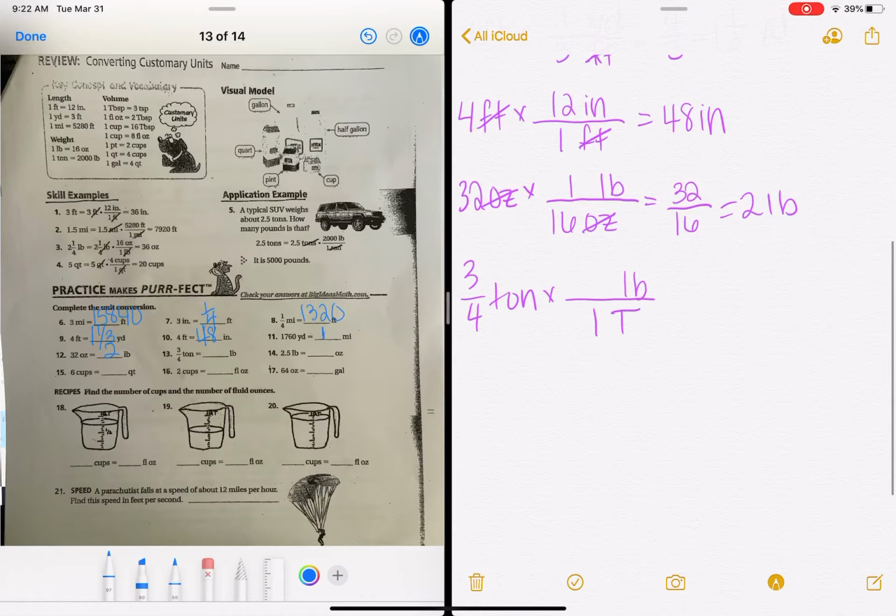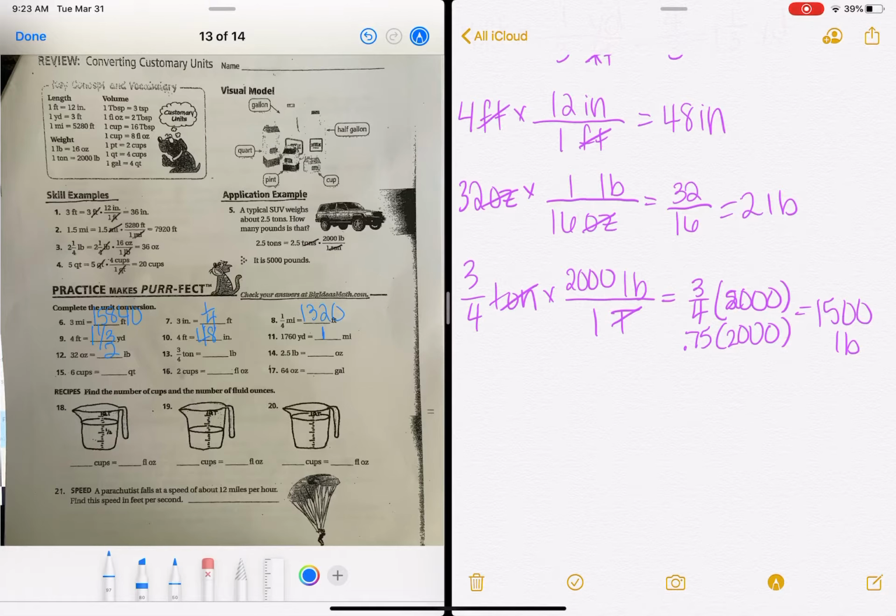So we know 1 ton is 2,000 pounds. In this case, we're going to multiply 3/4 times 2,000, or you can change 3/4 to 0.75. Which equals 1,500 pounds. So 3/4 of a ton is 1,500 pounds.